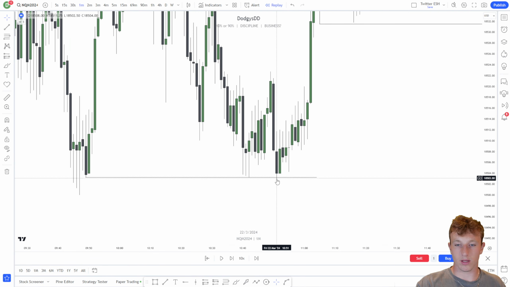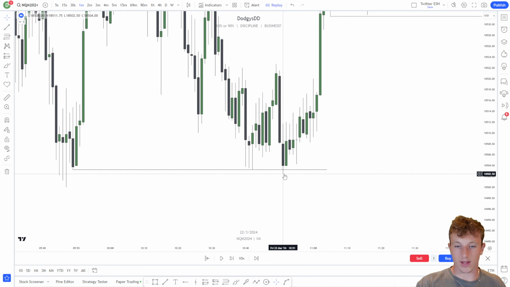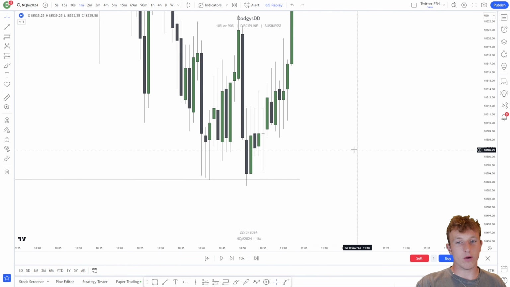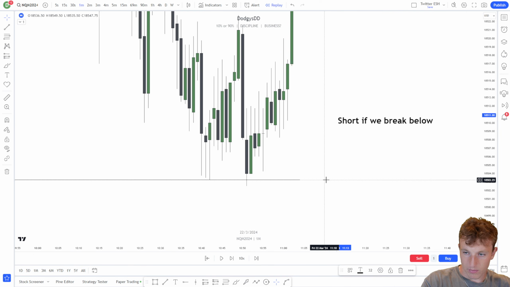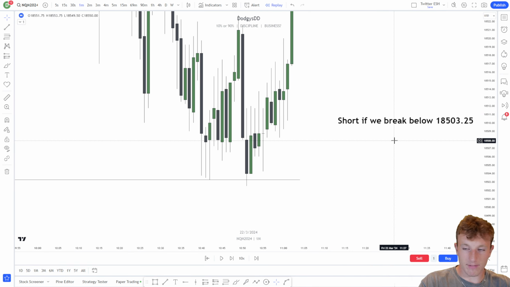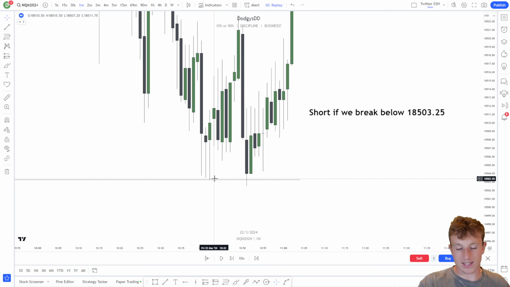I'm telling you, there's literally people trying to short here. There's breakout traders shorting this because they go into the day and they're like, I'm going to short if we break below, and let's say the level is 18,503.25. They literally have these orders sitting here to short if this level breaks.